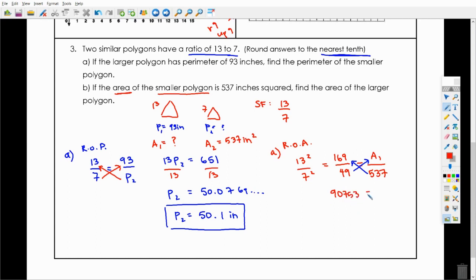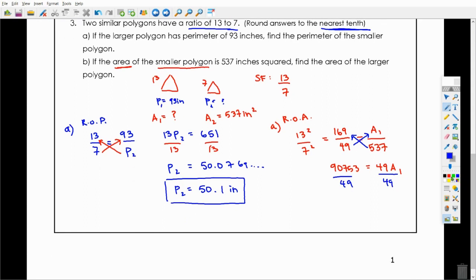You get 90,753 equals 49A1, or you can put X or Y, whatever you'd like. So divide by 49 on both sides. You'll get the area of the bigger one is about 1,852.102 blah, blah, blah. So the area there for our larger shape is 1,852.1 inches squared.